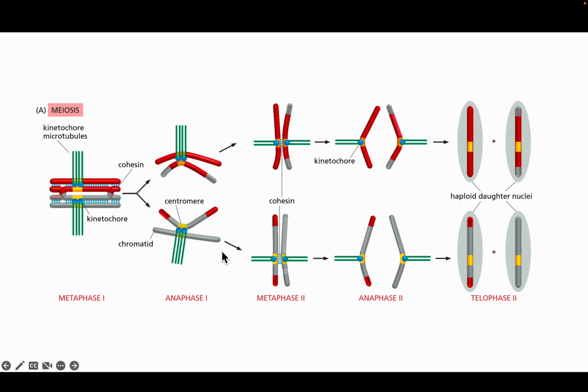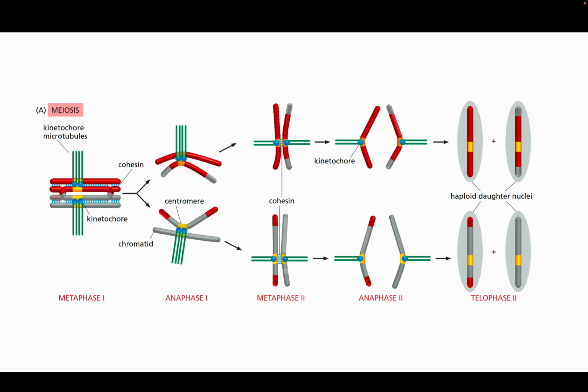In anaphase 1, these two will get separated to different poles. Now you can see in metaphase 2, they will align at the equatorial position, and then the chromatids will get separated. Again the same rule as mitosis applies: a microtubule from one pole gets attached to the kinetochore of one sister chromatid, and then they get pulled to two different poles.